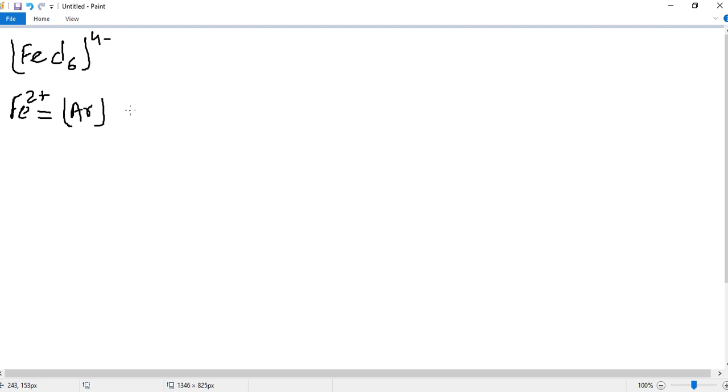It has 3d6 configuration, right? So D is filled, 1 2 3 4 5 and 6.